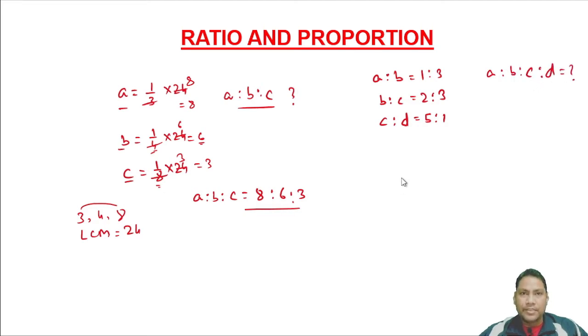We will first write it in our prescribed approach, that is a is to b is to c is to d. The ratio of a and b is 1 is to 3. Likewise, we will write the ratio of b and c, that is 2 is to 3. Now after that, we will write the ratio of c and d, that is 5 is to 1.